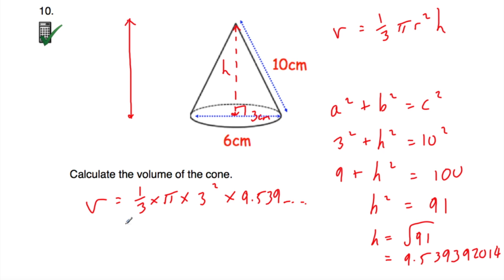In our calculator, we do a third multiplied by pi, multiplied by 3 squared, multiplied by, now I've already got this on my answer, so I'm going to press answer there, or you can just type in the square root of 91. You get the volume will be equal to 89.9066561 centimeters cubed.